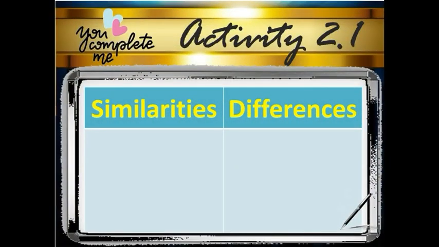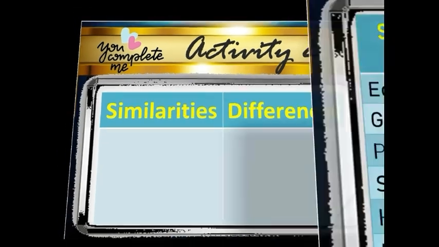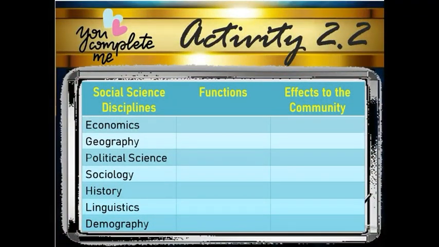Activity 2.1. Discuss the similarities and differences of social science, natural science, and humanities. Activity 2.2. Write the functions of each of the social science disciplines you have learned from this lesson and discuss how they affect communities.